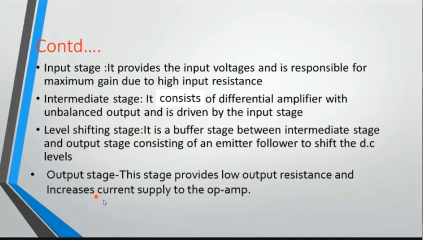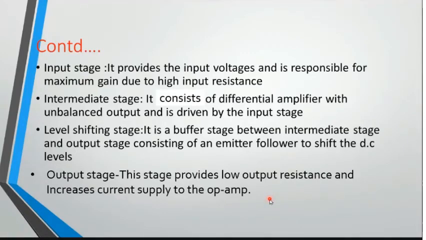Okay. And then the last one is the output stage. This stage provides low output resistance and increases current supply to the operational amplifier. So at the output stage, you are going to get whatever result you require. Okay, so that is the output.